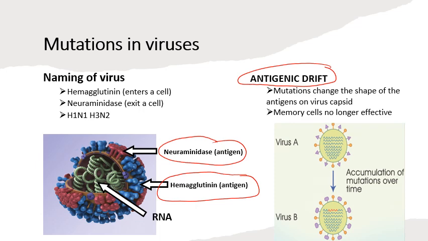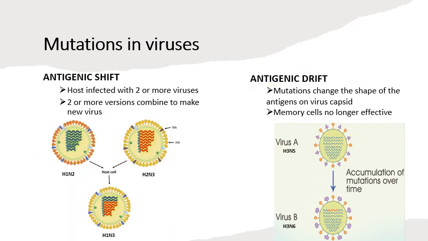And that's kind of why we are encouraged to get yearly flu vaccines, because each year scientists have studied the mutations that occur in the influenza virus and they've taken note of what proteins or antigens have mutated, and they have then designed the vaccine to incorporate those mutations so that it's going to stimulate your B and T cells to create memory cells to the new antigens that will be appearing on those flu viruses that will be spreading through the population.